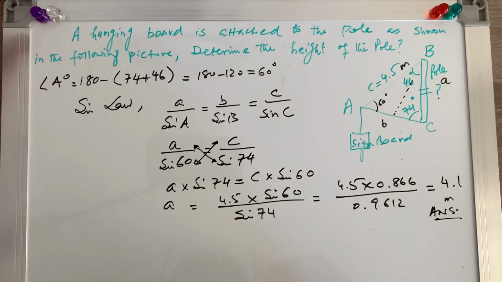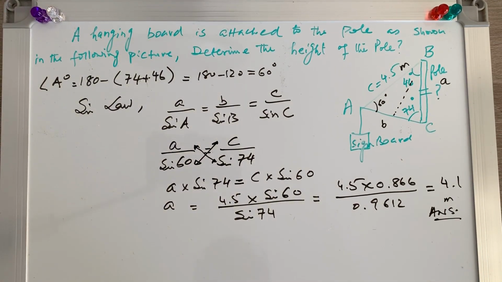I would like to revise the formula for you: a triangle has three sides and three angles, and if two angles and one side are given, we can apply sine law or cosine law, but we have to see what is given. In this case, we have two angles, and with the two angles we can find the third angle, and then we can easily use the sine law.